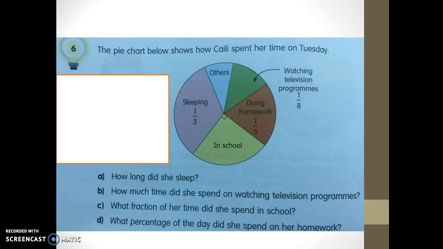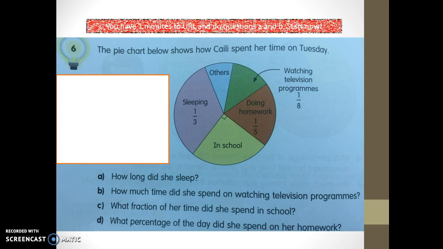Now I do not want you to rush through the work. I just need you to do your reading, underlining first. I'll give you time to do part C and D later, but this time around, this 1 minute is to read, underline, and do part A and B only. If you finish fast, just check. Ready? Start.